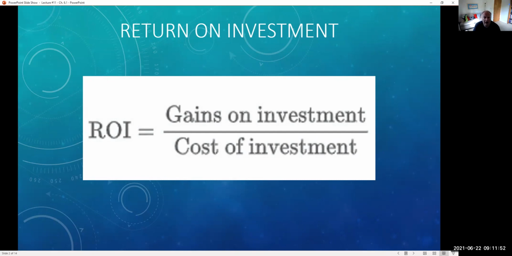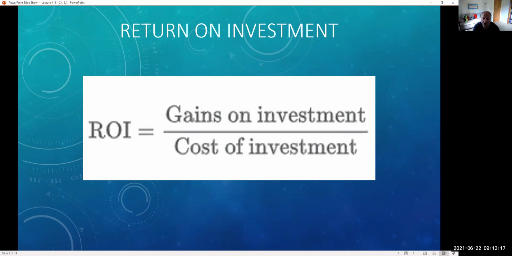We're going to keep our primary focus on the idea that the interest is the principal times the rate times the time. And we're also going to keep our primary focus on the idea that the future amount is going to be the original amount plus that interest. That shows up in a variety of ways in formulas and in different situations with our application examples. But the most important thing up front is this general basic concept of return on investment.